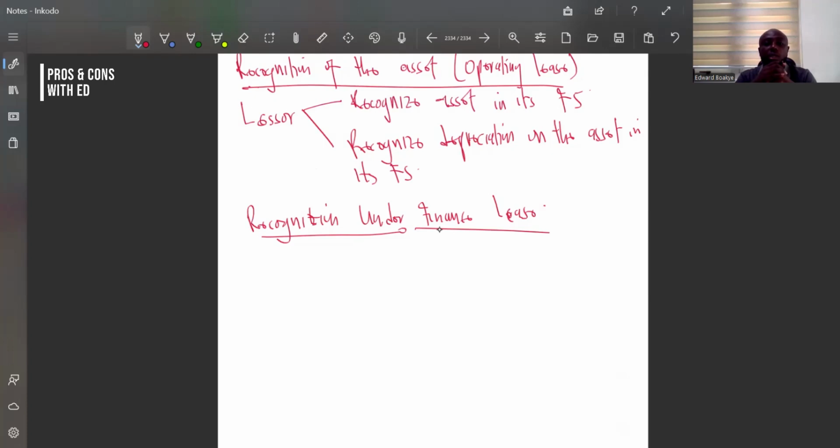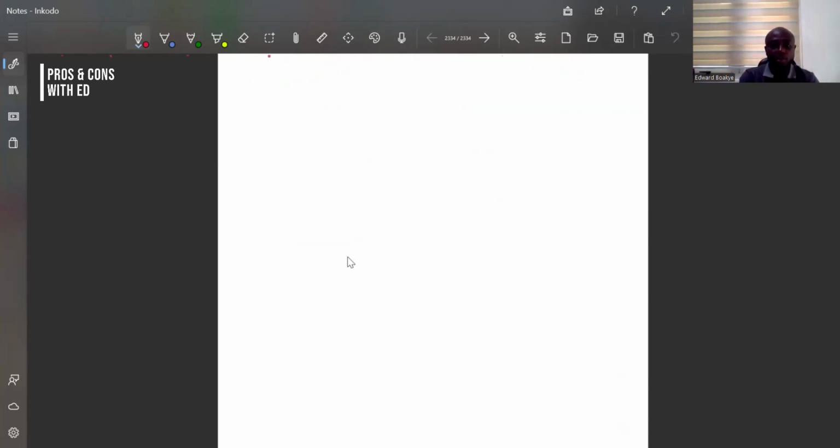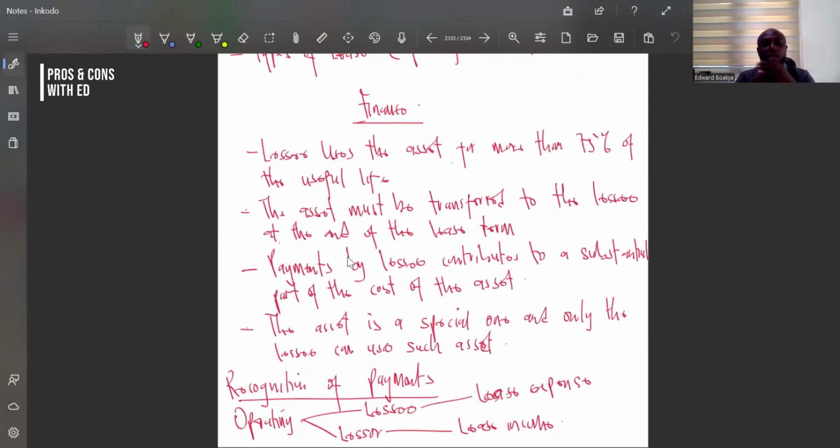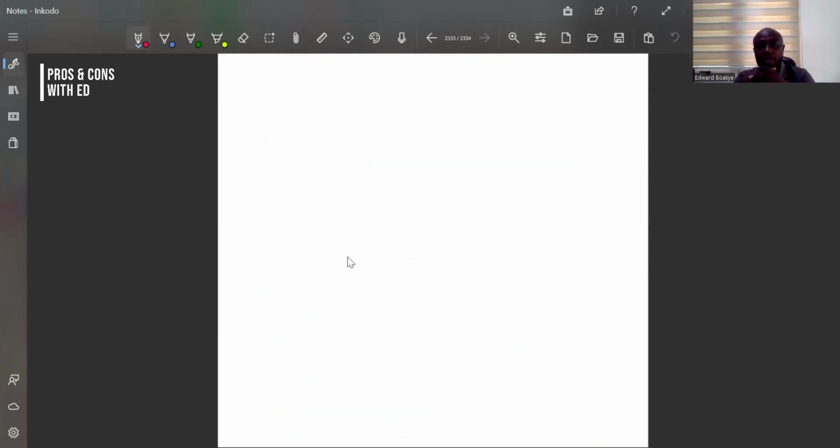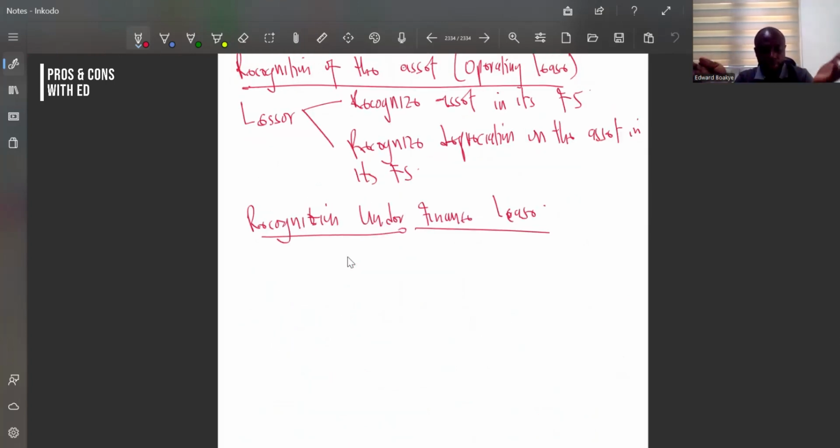So the payment is going to be recognized both by the lessor and the lessee, like we can see under the operating lease. But under the finance lease, same way, the lessor is also going to recognize the payment, while the lessee is also going to recognize what?